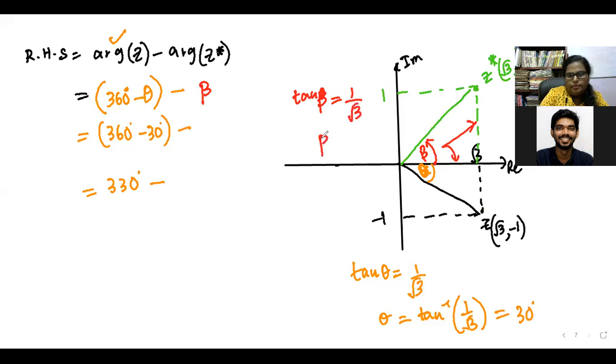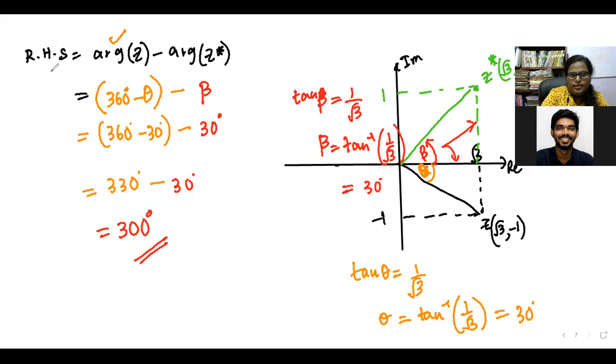So beta equals tan inverse of 1 over square root 3, which equals 30. So 330 minus 30 equals 300 degrees.